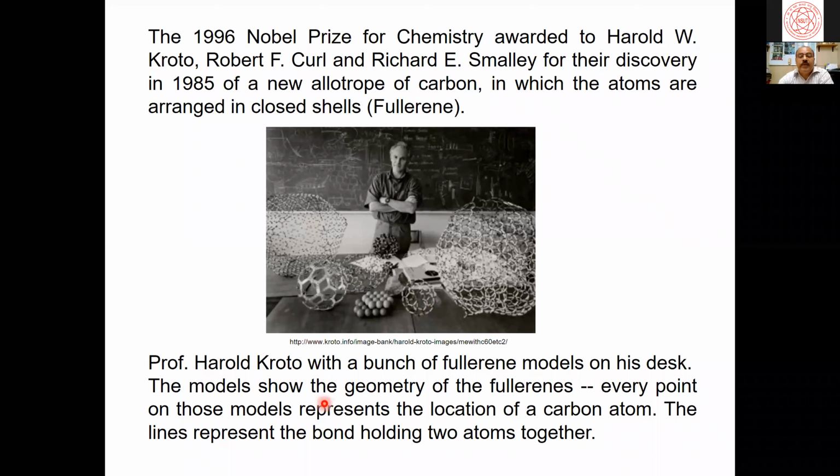This shows the geometry of fullerenes: every point of these models represents the location of a carbon atom, and the lines represent the bonds holding two atoms together. So these models explain the various properties of the fullerene. This is again an example of how models help in understanding the properties and structural aspects of any given molecule.